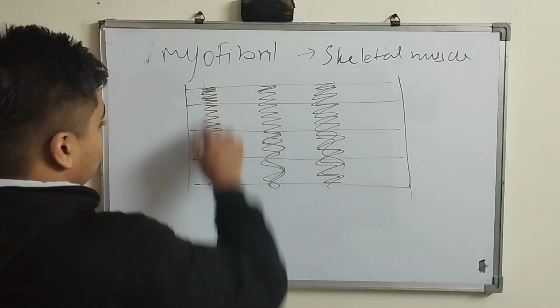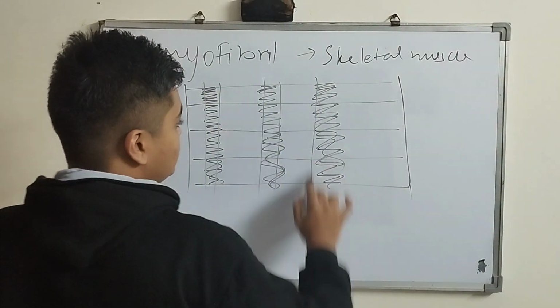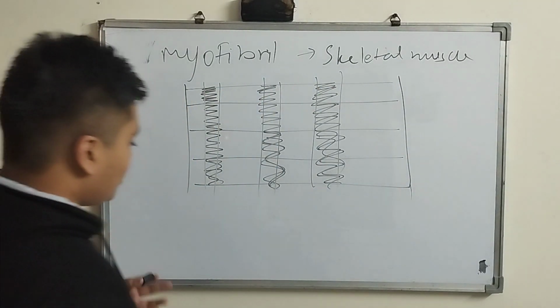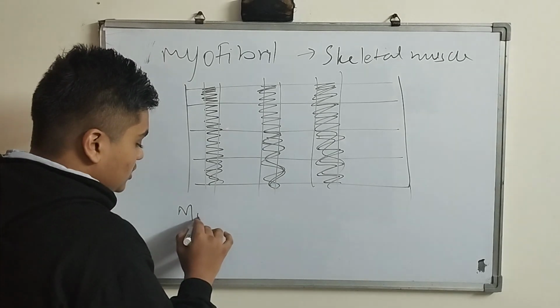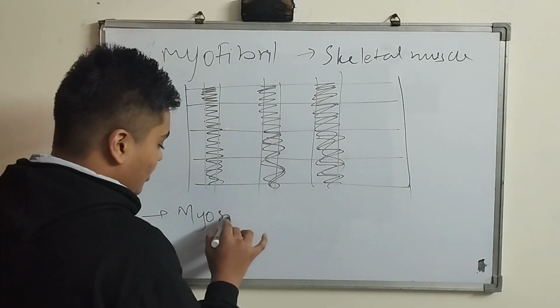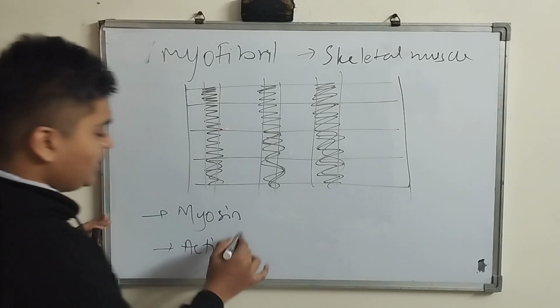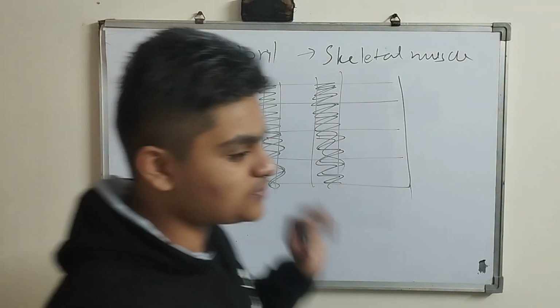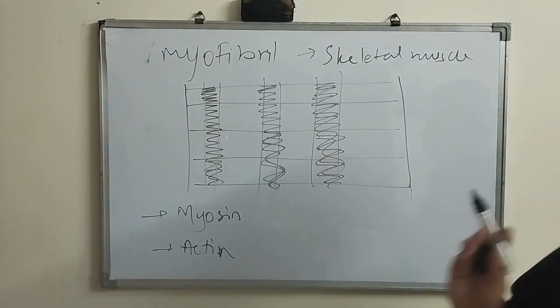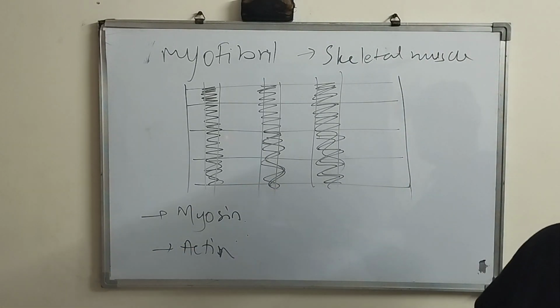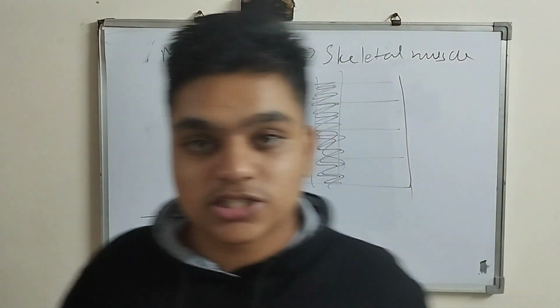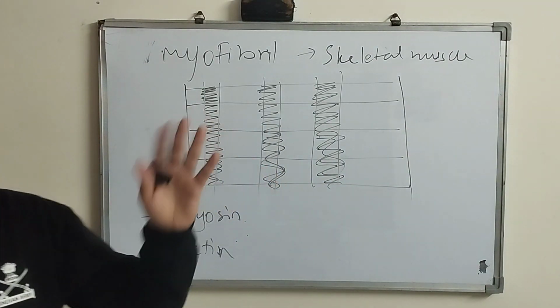These striations contain filaments, muscle filaments. What are those muscle filaments? We have generally two muscle filaments. One is myosin, the second one is actin, and the combination of these two filaments forms the striations here. How do those combinations form the striation in the myofibril? Let us see now.